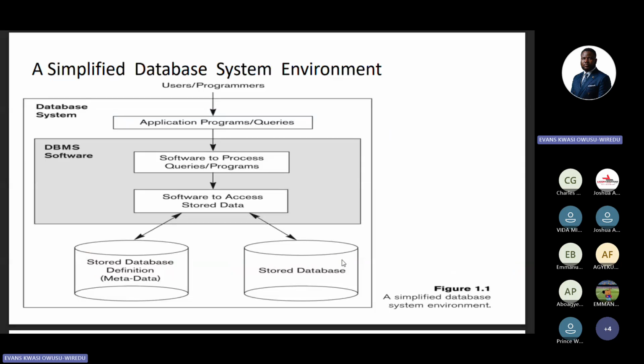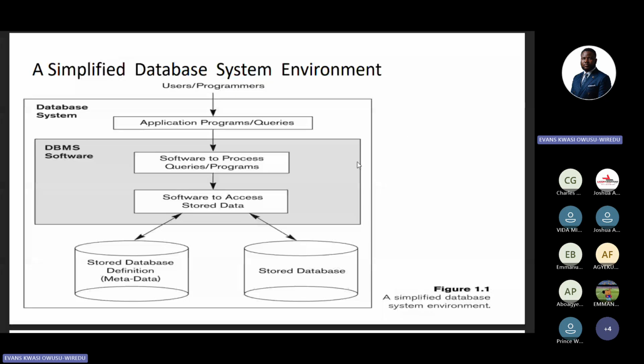Okay. So a simplified database system. Oh, I said I was ending. Should we end? I think we should end. Let me take questions. Do you have any question up to now? The way I've taken my time to explain. Wow. Are there any questions?